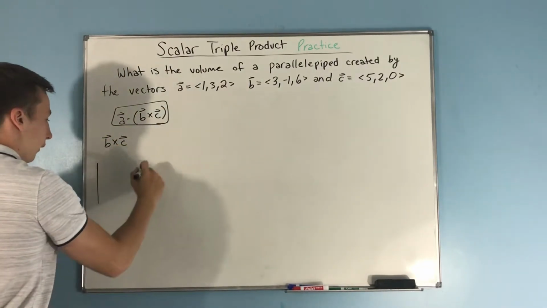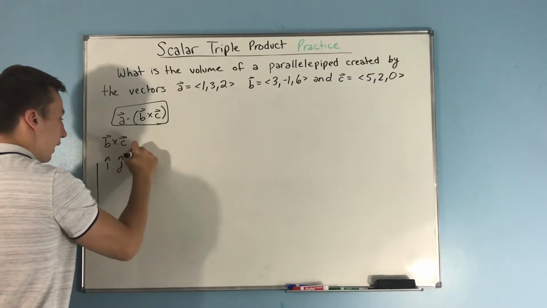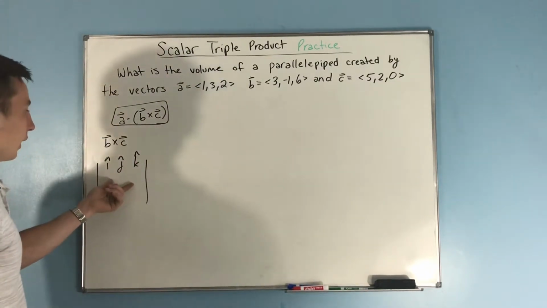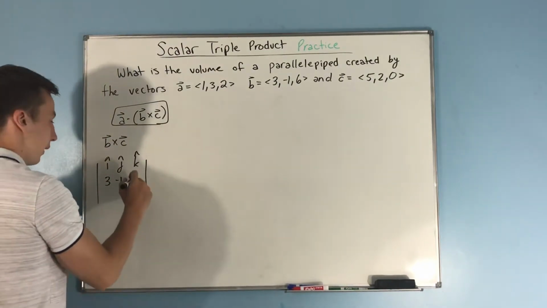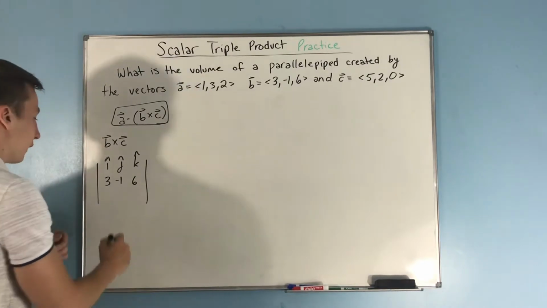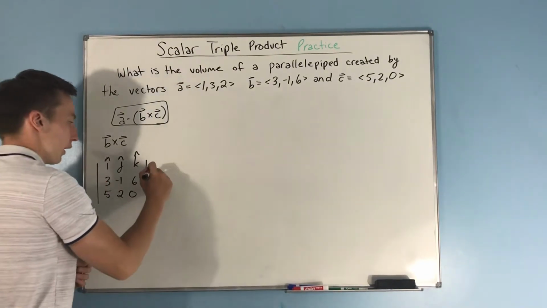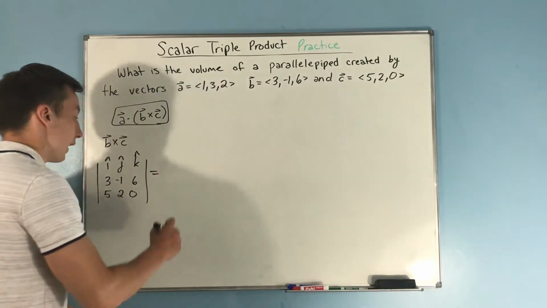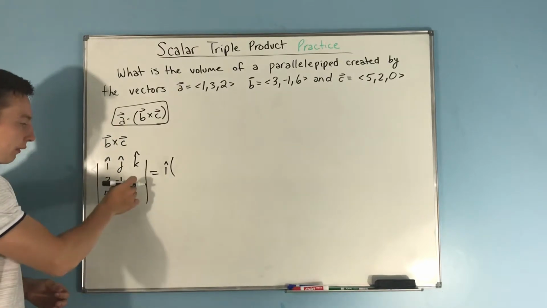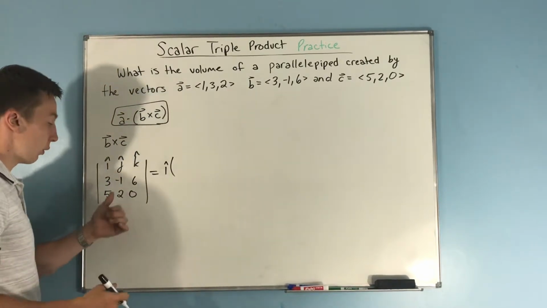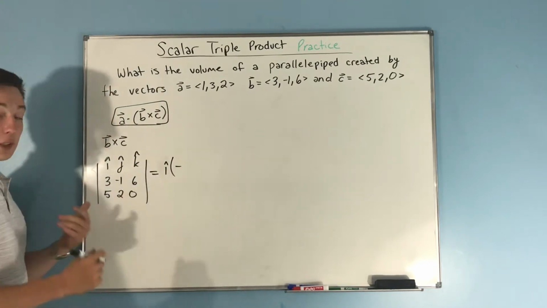Let's set up our 3 by 3 matrix. We have our unit vectors i hat, j hat, k hat on the top. We will have our vector B right here, 3, -1, and 6, and then vector C below it, 5, 2, and 0. Let's find our cross product. First we have i hat times -1 times 0, that's 0, minus 2 times 6, which is 12.